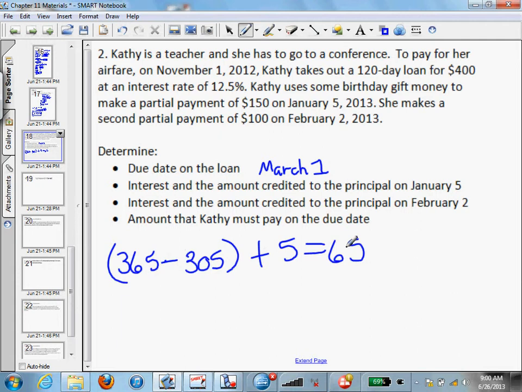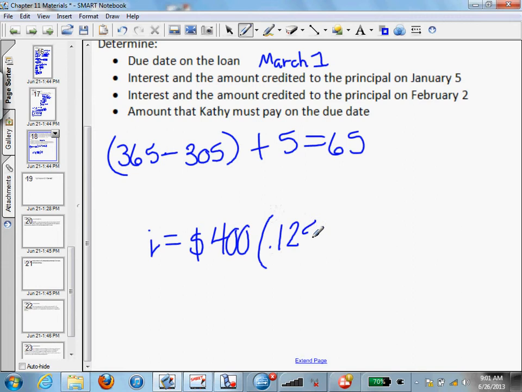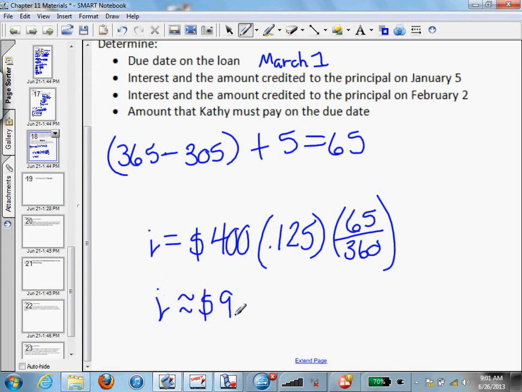Then you use I equals PRT in the banker's rule to get I equals $400, because that's how much you borrowed, times 0.125 as the rate, times the number of days, 65, divided by how many days are in the year, 360. When you do that, you get that I is about $9.03.